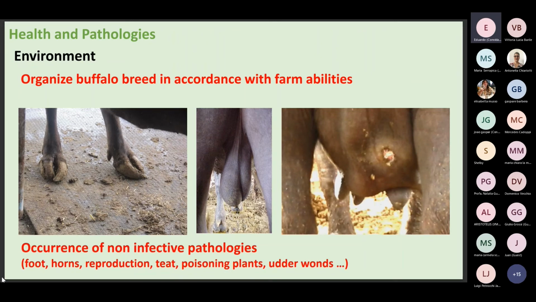So nowadays, in my opinion, most of the diseases in buffalo are not only infectious diseases, but diseases or injuries related to an incorrect program of mating animals, as well as the artificial environment in which we are trying to breed the buffalo. So when possible, we need to make buffalo be a buffalo.